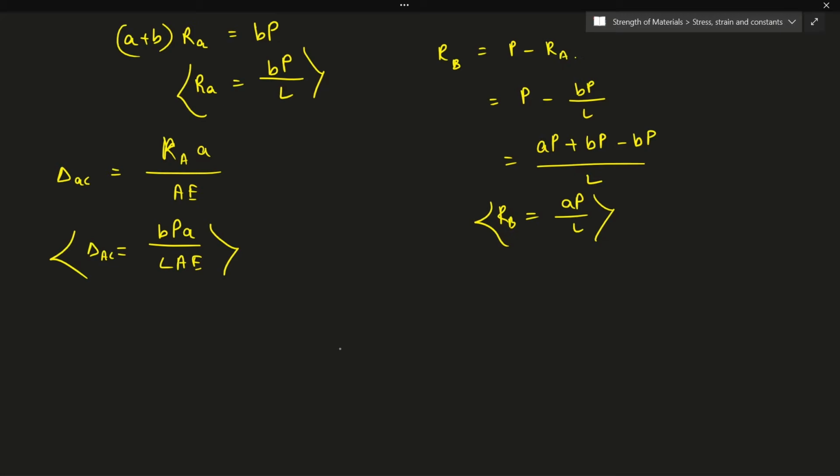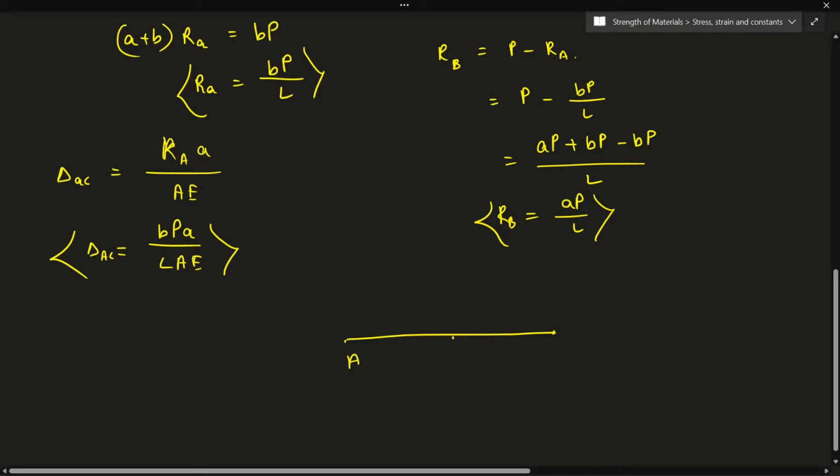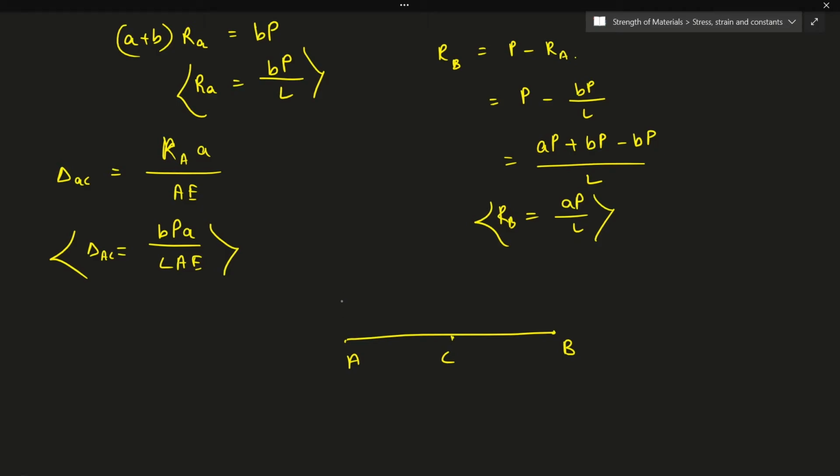So also for the axial force diagram, I'll simply mark A, C and B. Now here for AC it is under tension, it will be positive. The value is ABP divided by LAE, so which is nothing but RA, right? So here I'll have RA value.